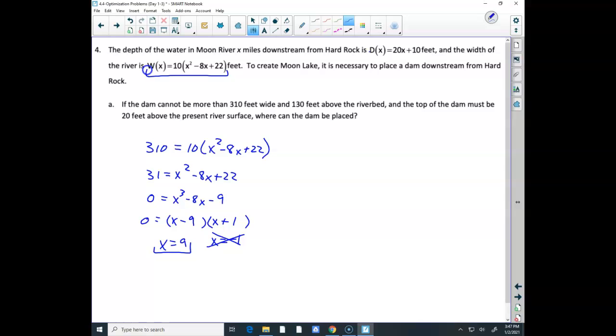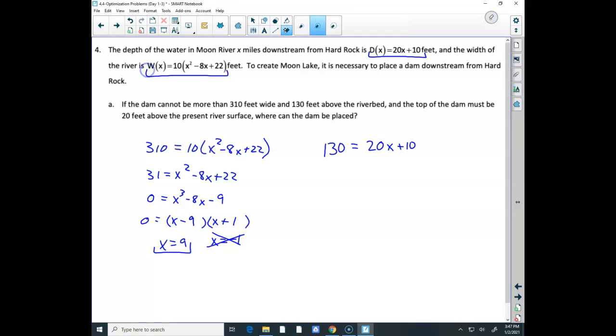So I'm going to say, here's my depth of the river, okay? Well, if I put 130 feet here, and this is going to be 220 plus 10, but remember, this is giving me the depth of the river, and remember my dam has to be 20 feet above the river.